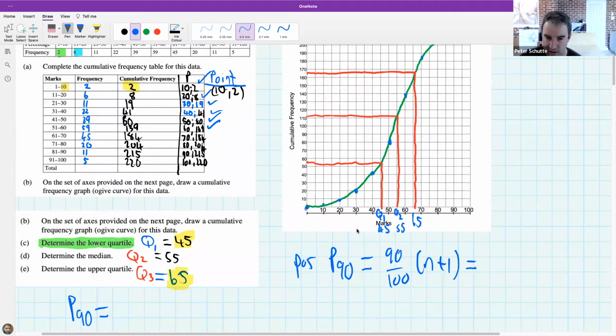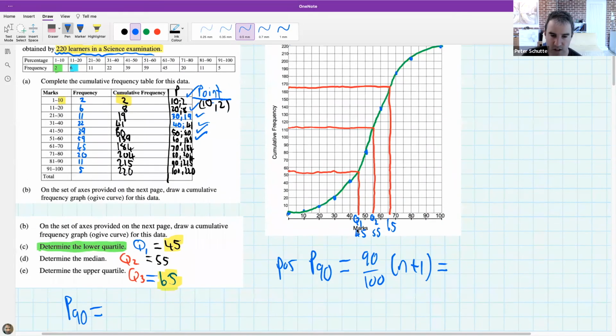Once you've worked out the position of P90, you can try and give me a value for P90. So the position is 198.9.